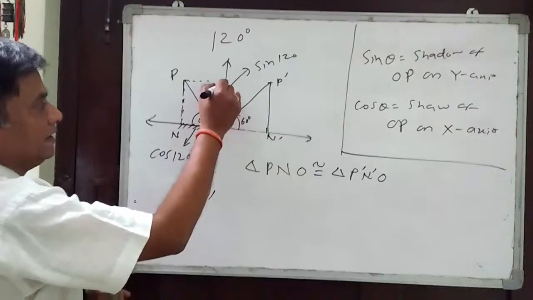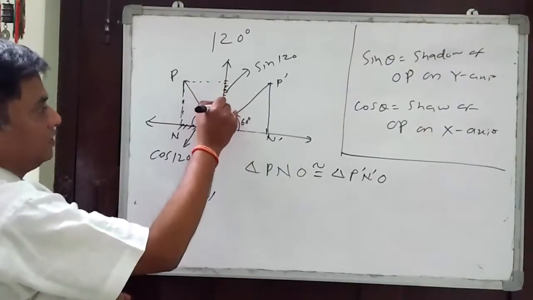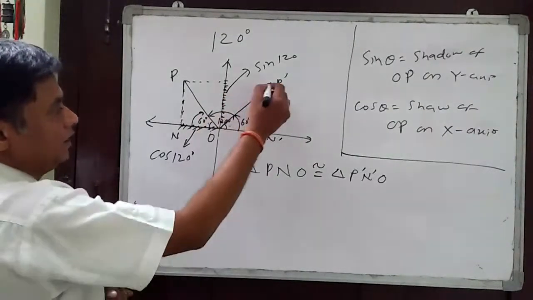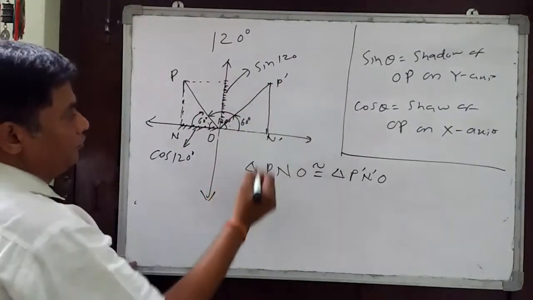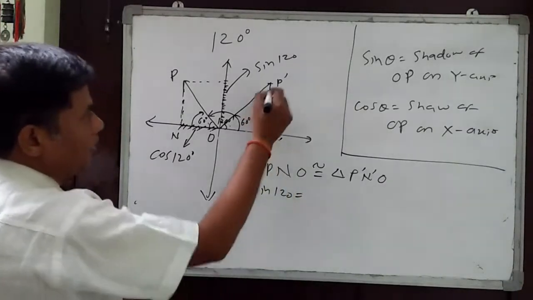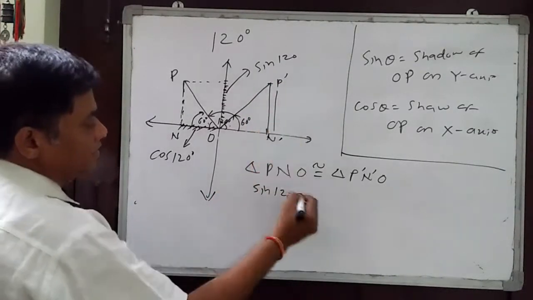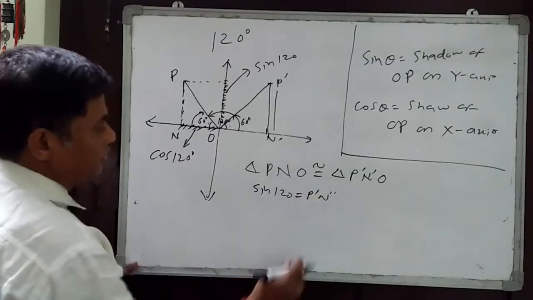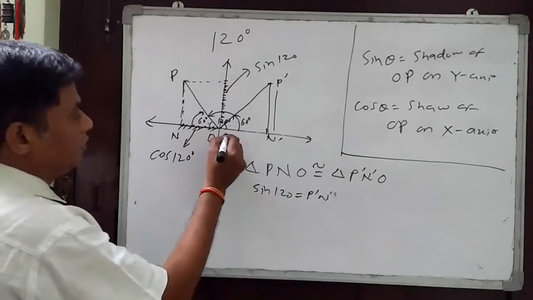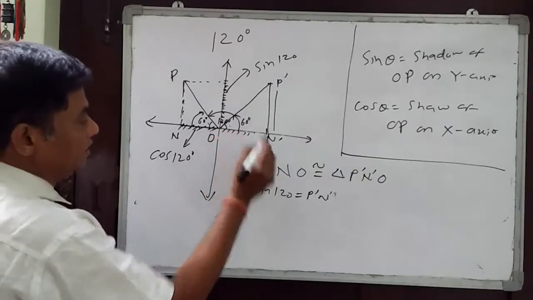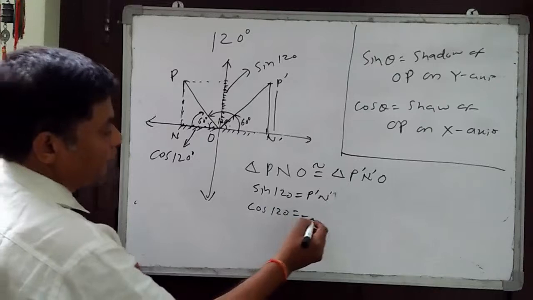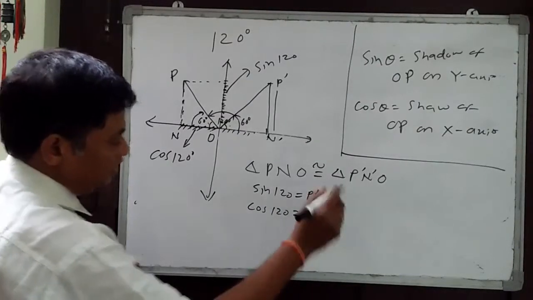We are actually interested in these values. So sin 120 can also be equivalent to this much length, that is P dash N dash, whereas cos 120 will be equal to negative of this length, that is cos 120 will be minus of ON dash.